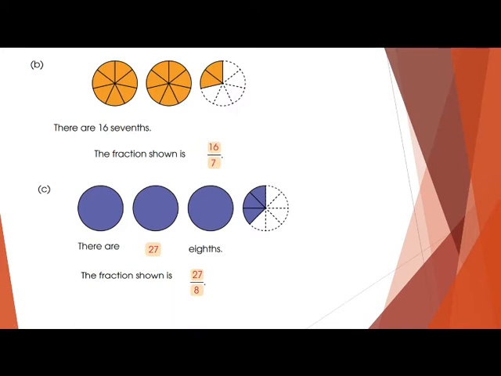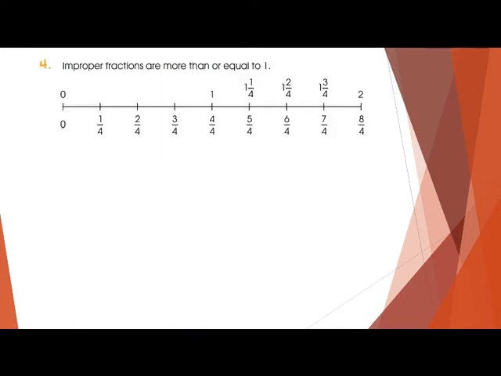Okay class, now we have another question, number 4, which is: improper fractions are more than or equal to 1. So how will you identify them? Recall the definition of an improper fraction. You already know that the numerator must be equal to or greater than the denominator.